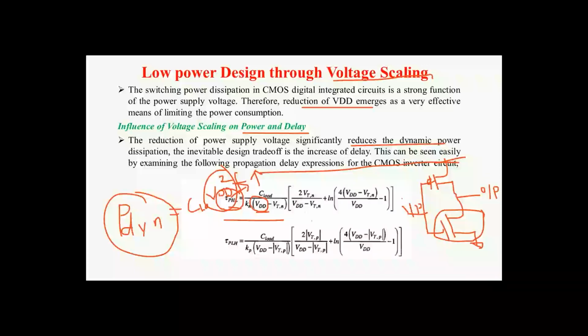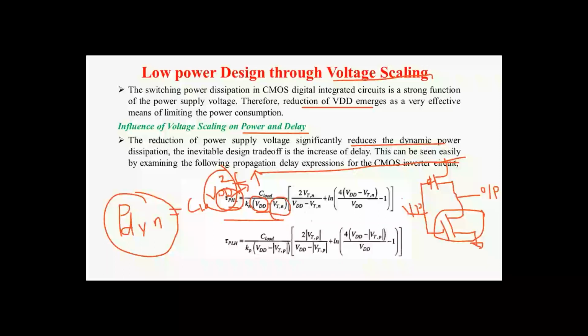When the delay increases, the switching performance reduces, that is, the speed of the circuit reduces. So we have to compensate the delay. When we reduce the supply, at the same time we must reduce the delay. That is done by compensating the threshold voltage.